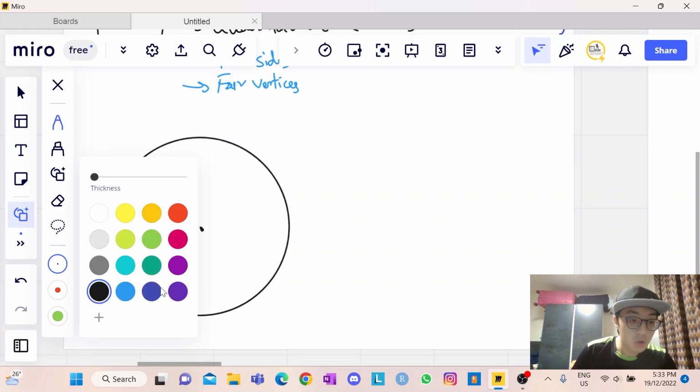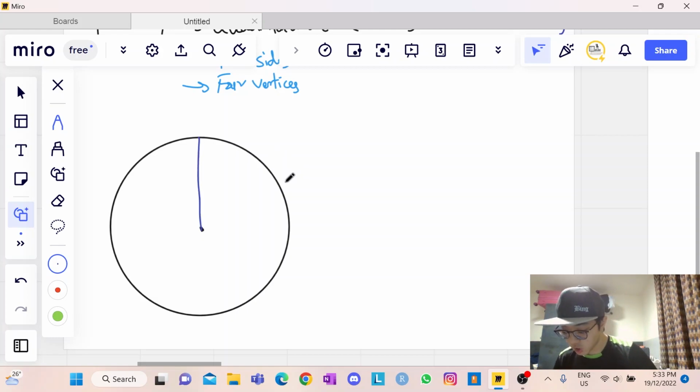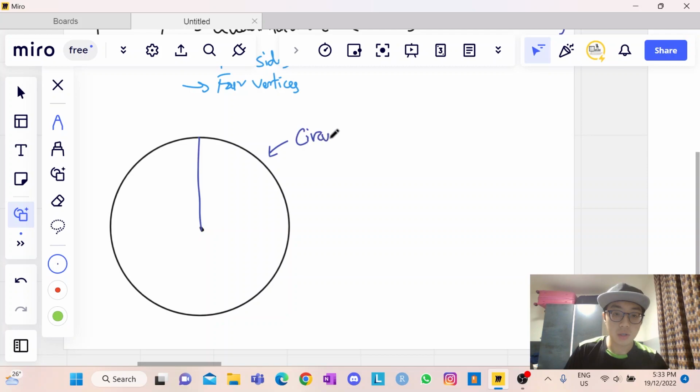And if we are going to draw a straight line right here from the center to the outside, this big thing right here is the circumference. Okay. And this line in the middle is called the radius.